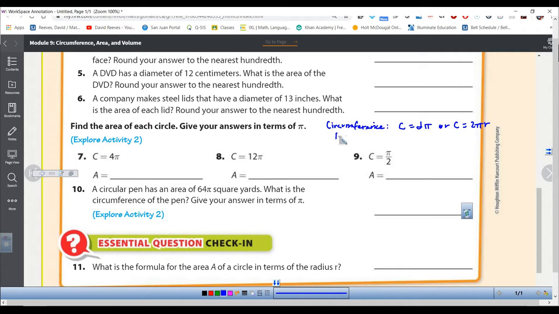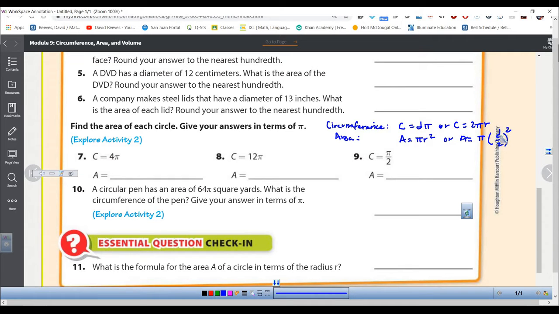That's circumference. And then the formula for the area of a circle, A, is equal to pi times the radius squared. You square the radius and then you multiply by pi. We did say that you can also do pi times the diameter divided by 2, squared.